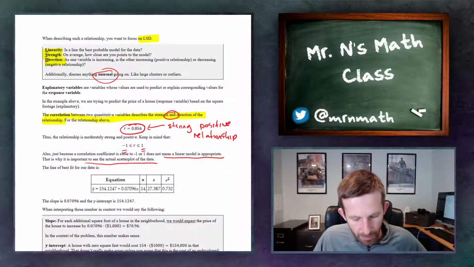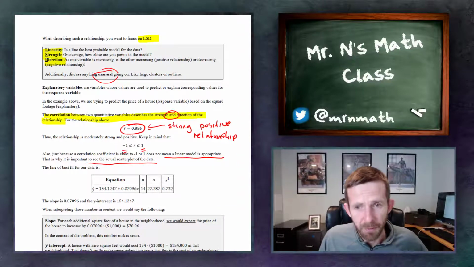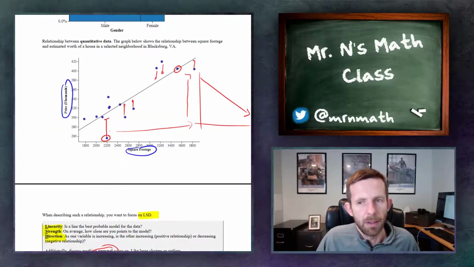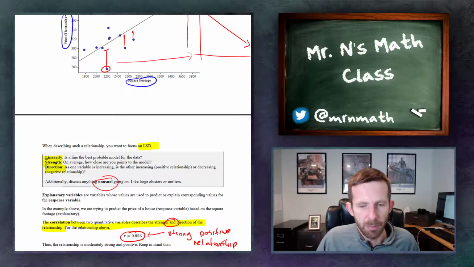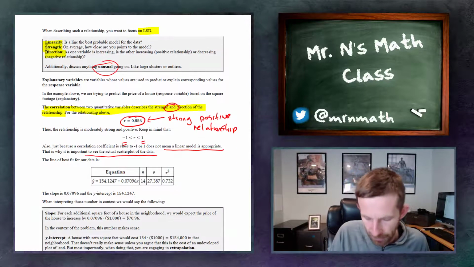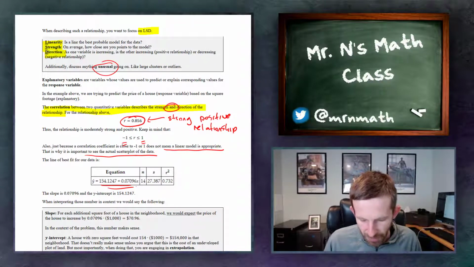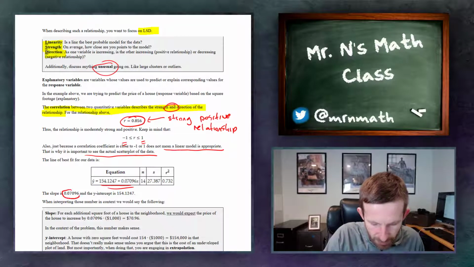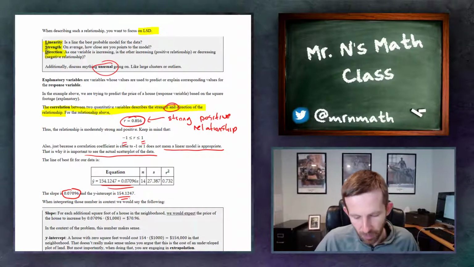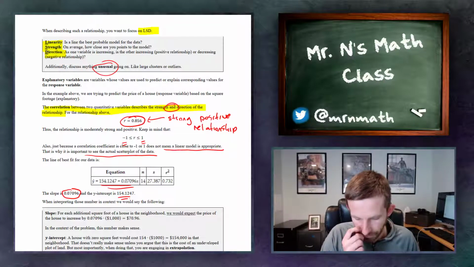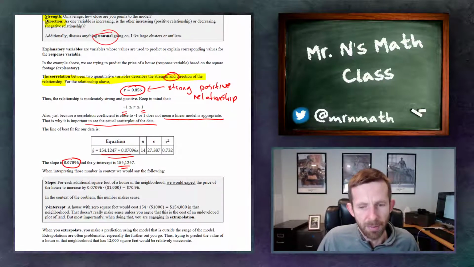Now, the line of best fit for our relationship between square footage and price is this right here. So the slope of that is 0.07096 and the y-intercept is 154.1247. Now you need to know how to interpret that in context.